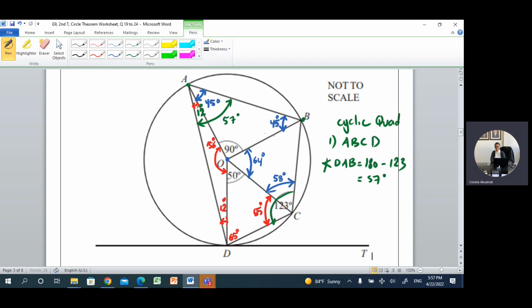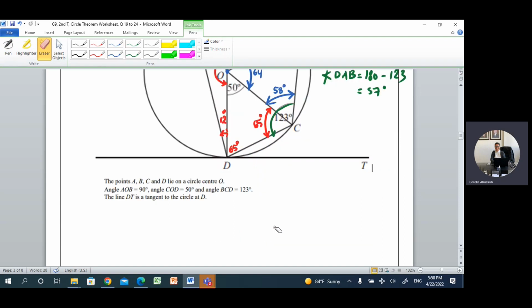And then at last, we can find this angle here by looking at triangle OBC back to O. So if you add the 58 and the 64, they will come down to 122. And if you subtract it from 180, then this angle is 58 degrees. I think we found all the angles in this shape.